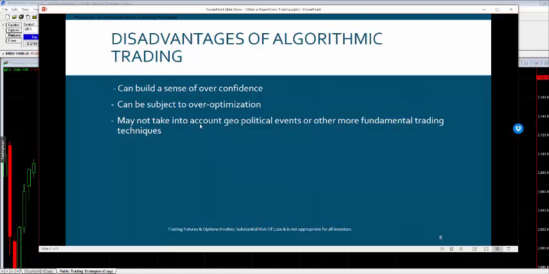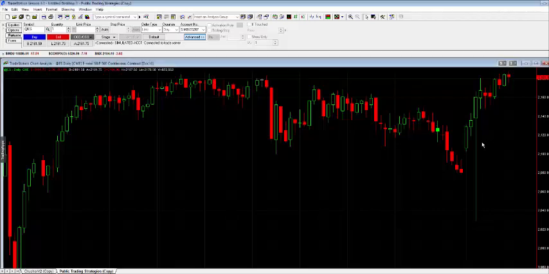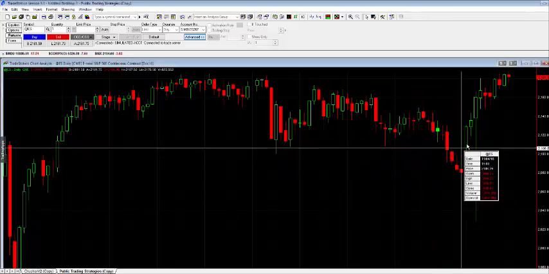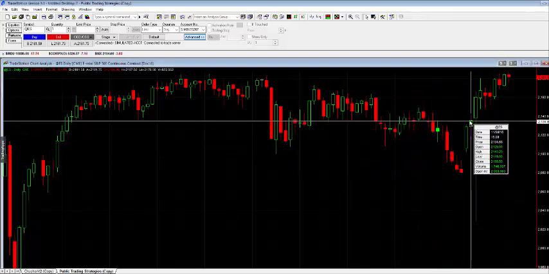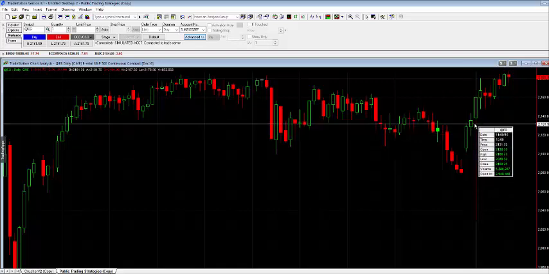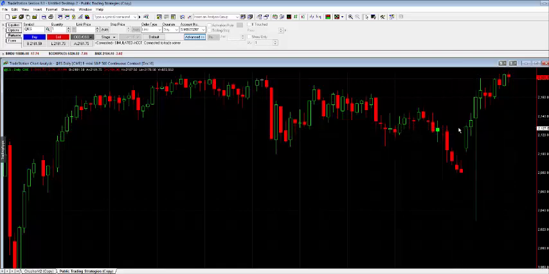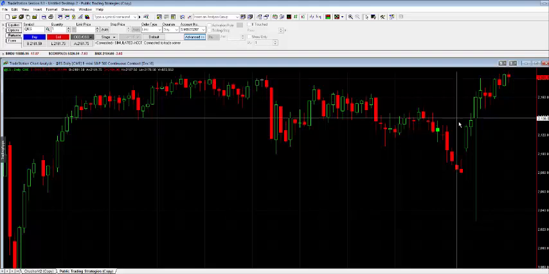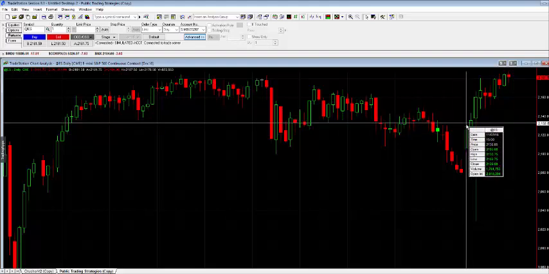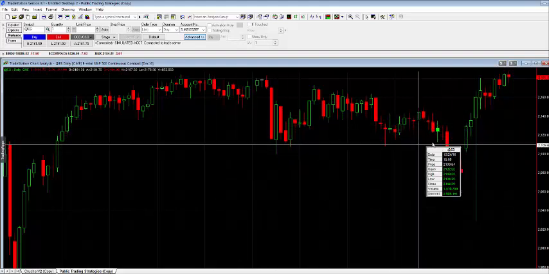Another disadvantage is that algorithmic trading in general does not take into account geopolitical events or other more fundamental trading techniques. A good example would be the election. Just a straight technical trader might have said, well, the election's coming, I know there's going to be volatility, so I'm going to sit out election day. Algorithmic trading, generally speaking, will just run in all market conditions.